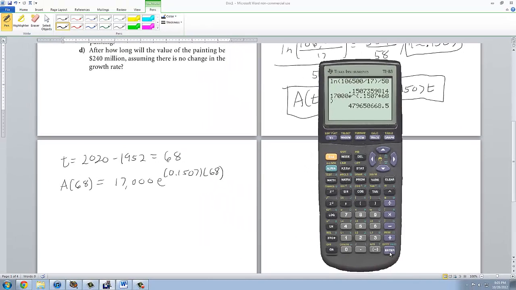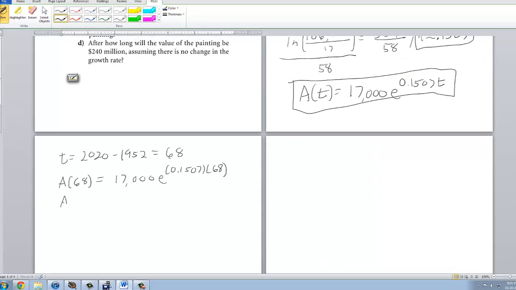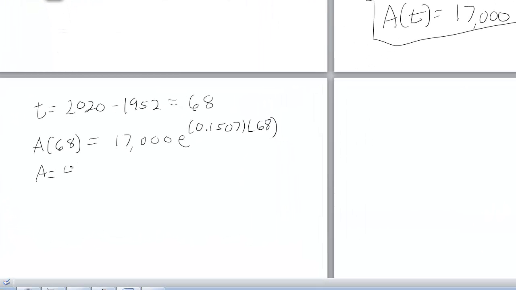Hit enter, and we have this really big number. So A would be equal to 479,650,668 and 50 cents. You should round to 2 places because we're talking money. And there is part B.